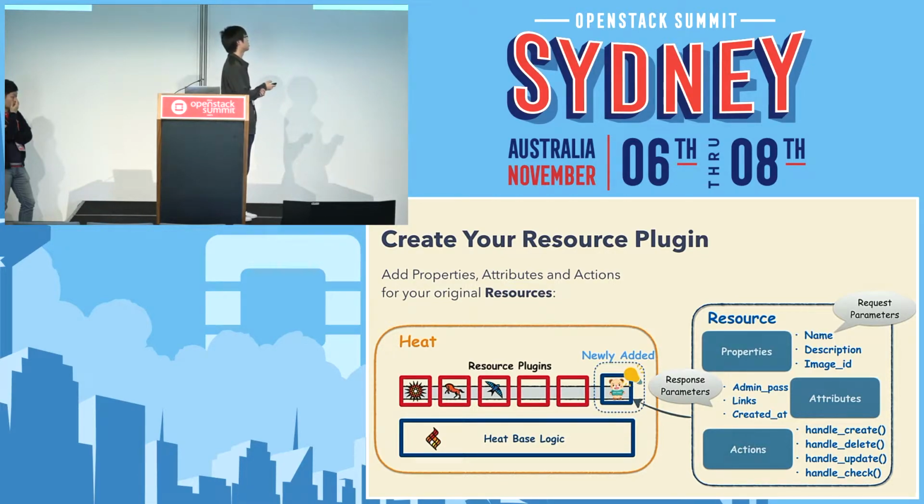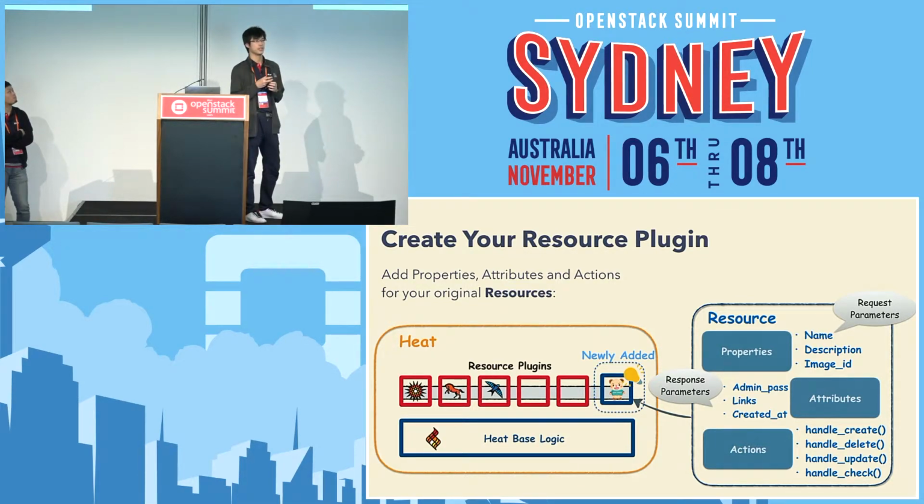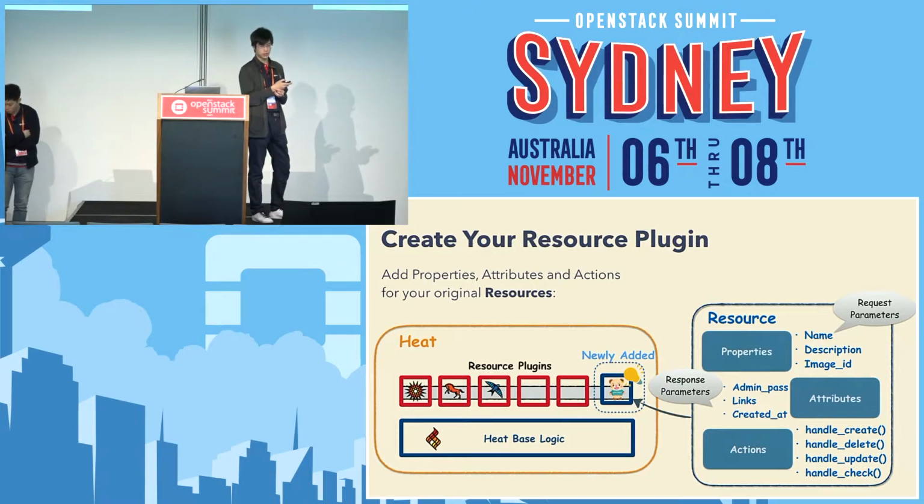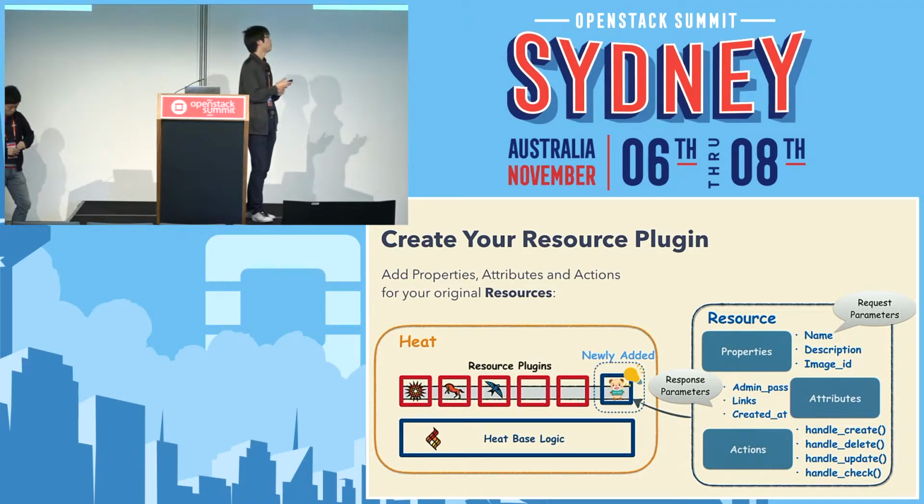Here I will introduce the detailed information in this resource plugin class. Basically, there are 3 parts. First is the properties, then attributes, and finally the actions. First, the properties. What's a property? Properties write down the request parameters this resource will use during the request, and Heat will send these parameters as the request body to the APIs.